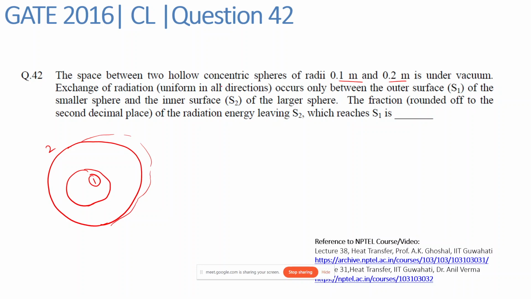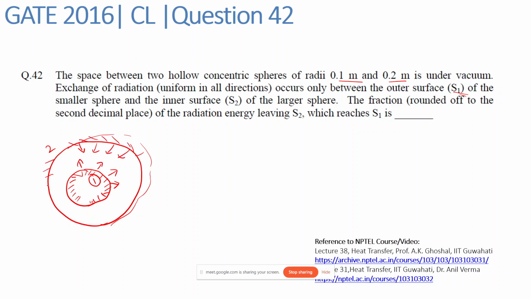Exchange of radiation occurs only between the outer surface S1 and the inner surface S2 of the larger sphere. That means the radiation will only occur in this direction for the first sphere, and for the larger sphere, the radiation will only occur in this direction.